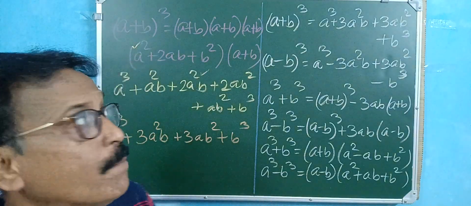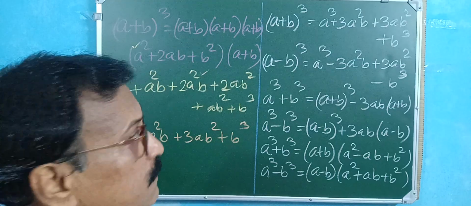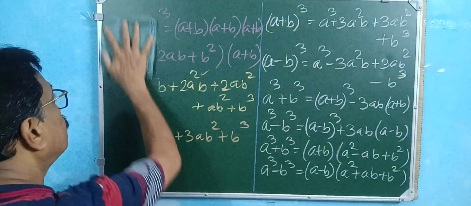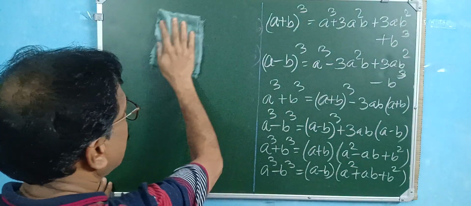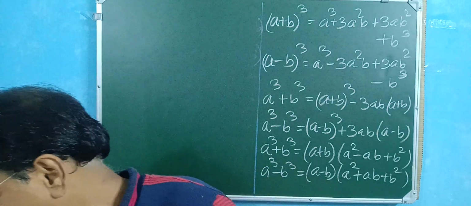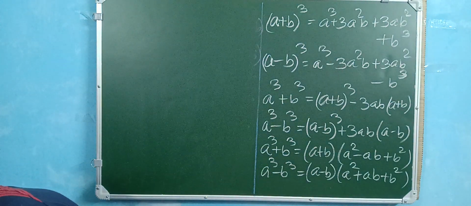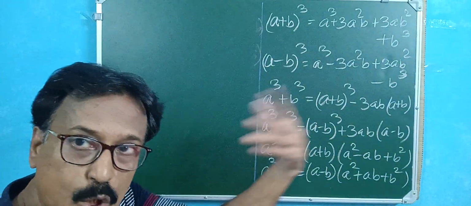First, just remember (a plus b) whole cube is equal to a cube plus 3a square b plus 3ab square plus b cube. If you remember one formula, from there you can deduce so many formulas.